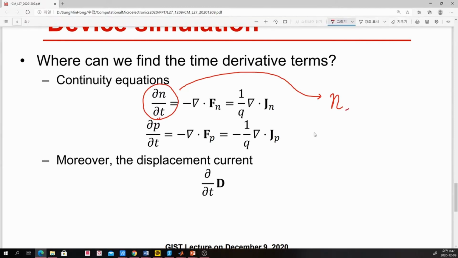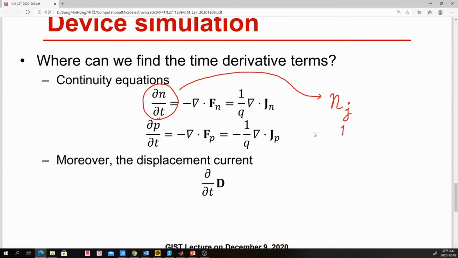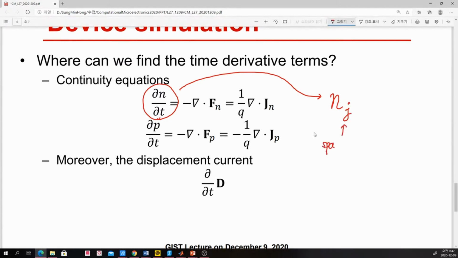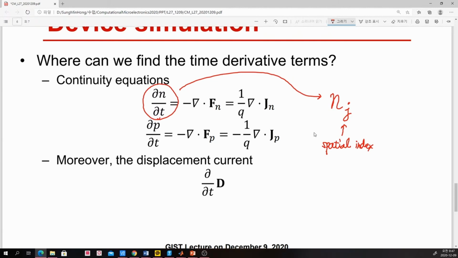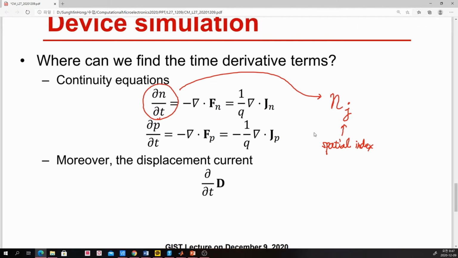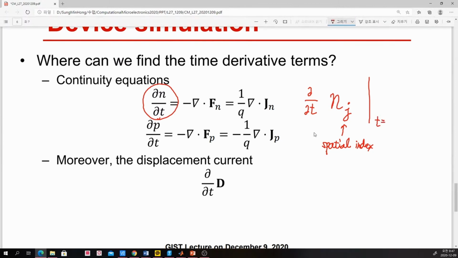So let's say that j is the spatial index, j is the node, you have n_j, and you want to calculate ∂n/∂t at time instance t equal to k times delta t.